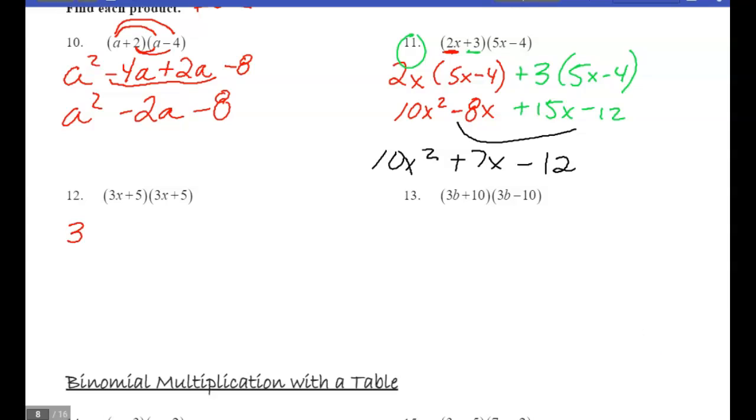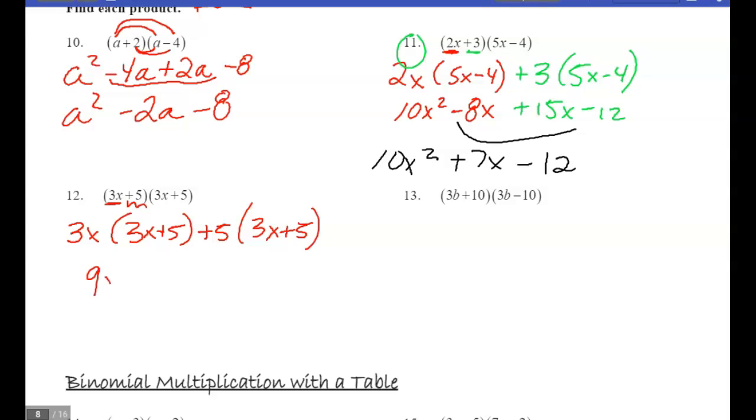So I'm going to take this. Okay, this one's just a repeater, so you're doing the same one. So you have 3x right there, and then that goes times 3x plus 5. And then over here, I have my plus 5 written down. And then that multiplies by everything in the second set, 3x plus 5.